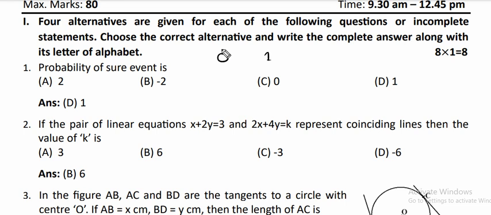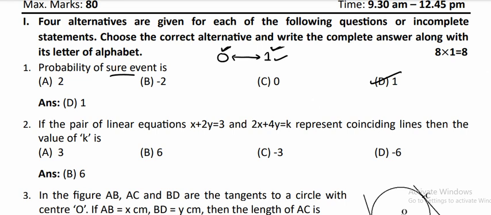The probability of the impossible event is 0 and the probability of the sure event is 1. The probability varies from 0 to 1 only. The maximum probability is 1. That is the probability of the sure event. Therefore option D is the correct answer here.